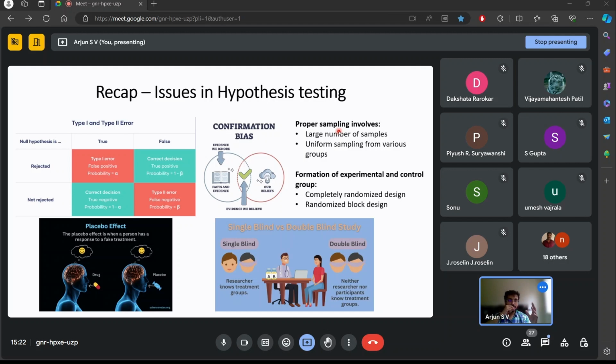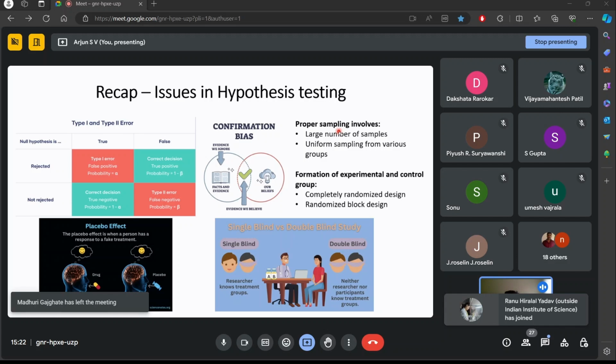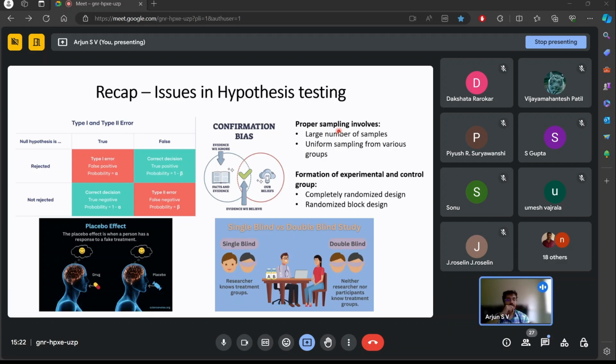Another way is performing uniform sampling from various groups. We form experimental and control groups, and even within those you form subgroups. Then you include as many samples as possible and test them in each group to get a statistically significant outcome.